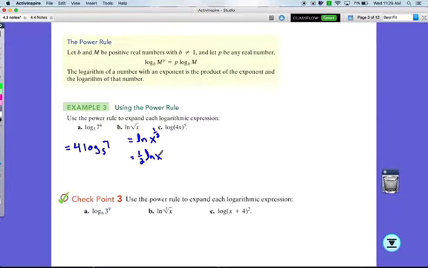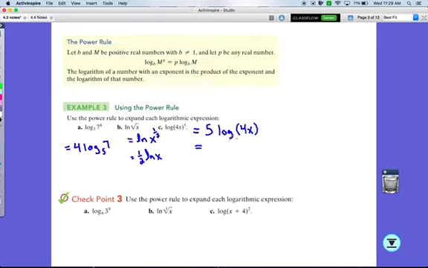All right, for c, I've got the common log of 4x raised to the 5th power. So I can bring that 5 out front and have that as log of 4x. Okay, bring the 5 out front. Now I can also on this one break it up even further using the product rule.